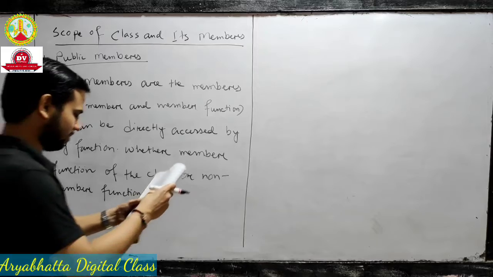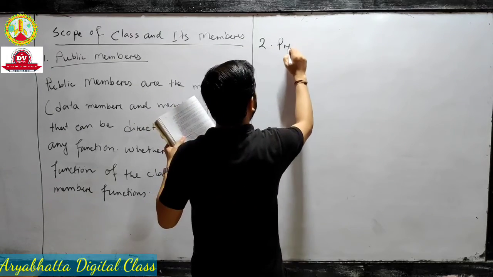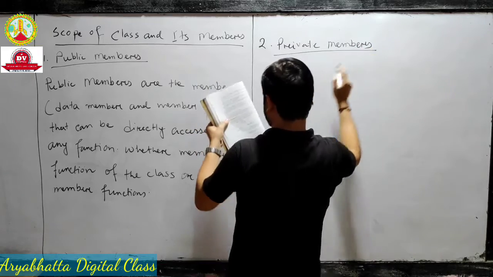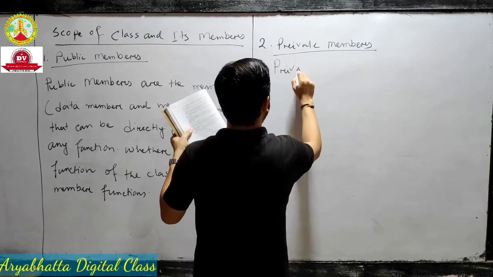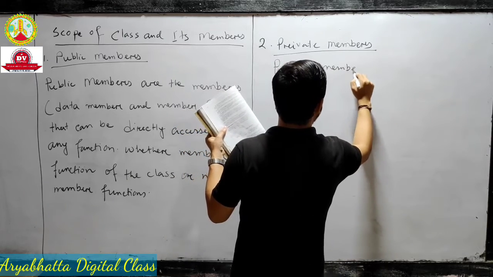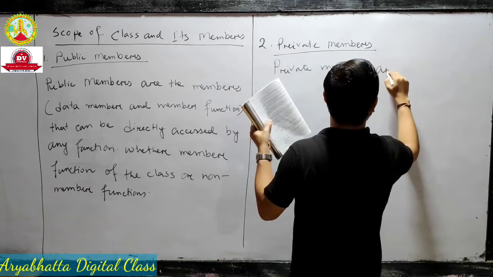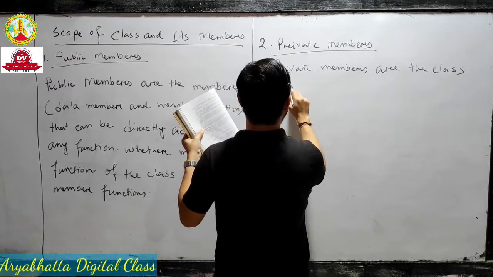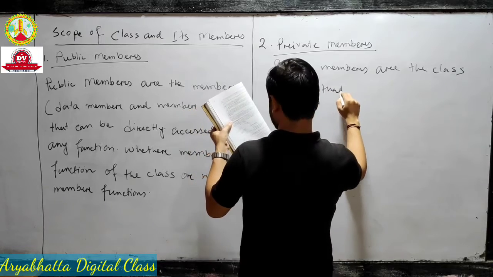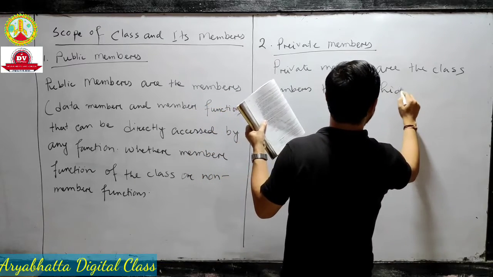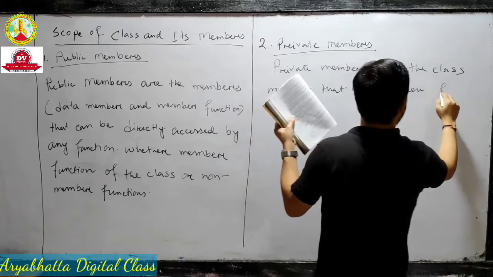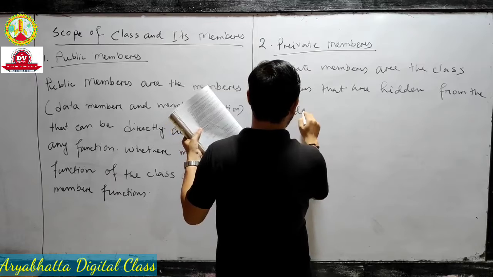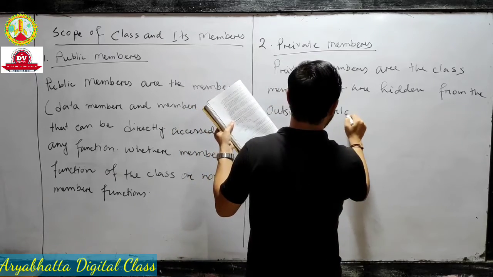And the second one is private members. Okay, what are private members? Private members are the class members that are hidden from the outside world.